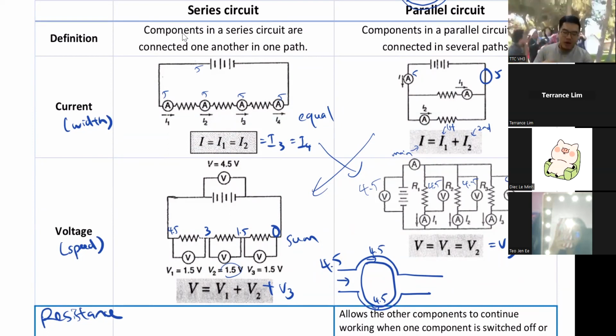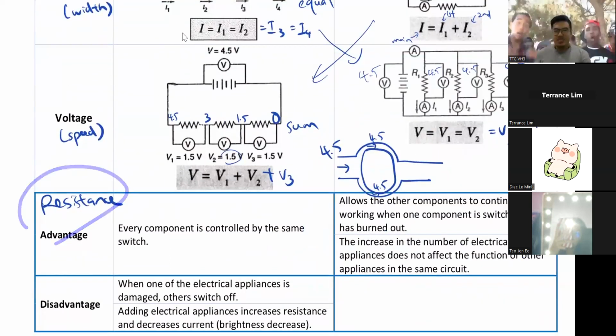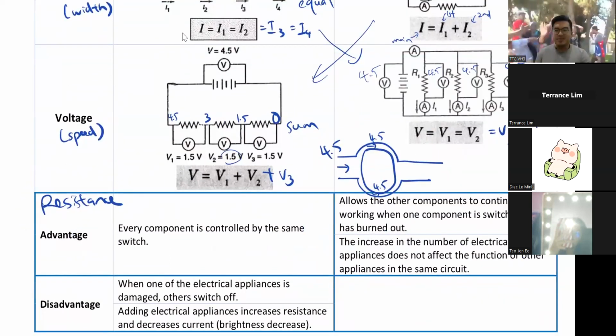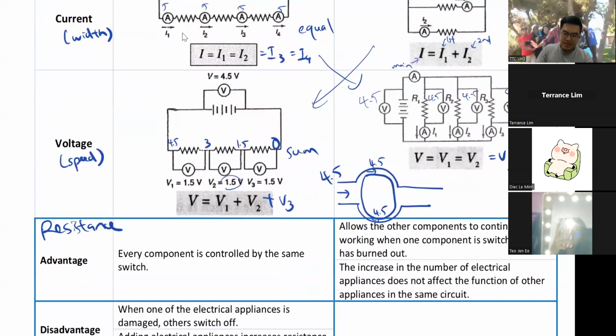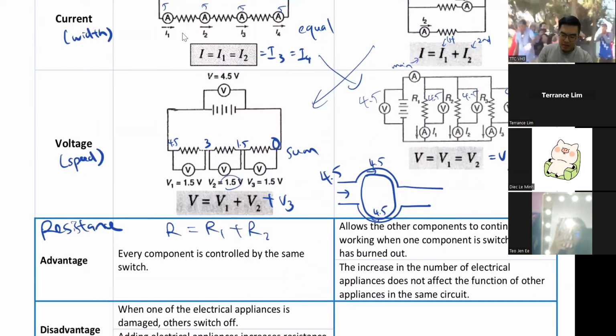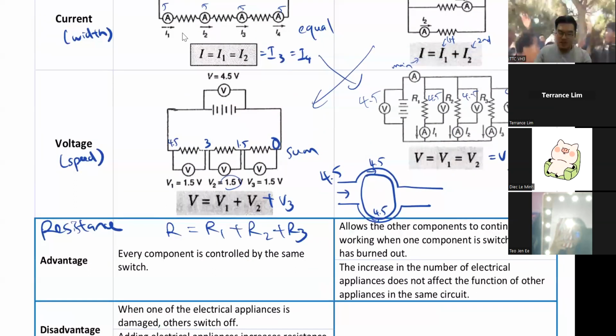Okay, last one. Let's talk about resistance. Resistance is very easy. Now it might not make sense to you, but later when I do exercises, it will. Resistance in your series is by adding everything together. You see, this makes a lot of sense.